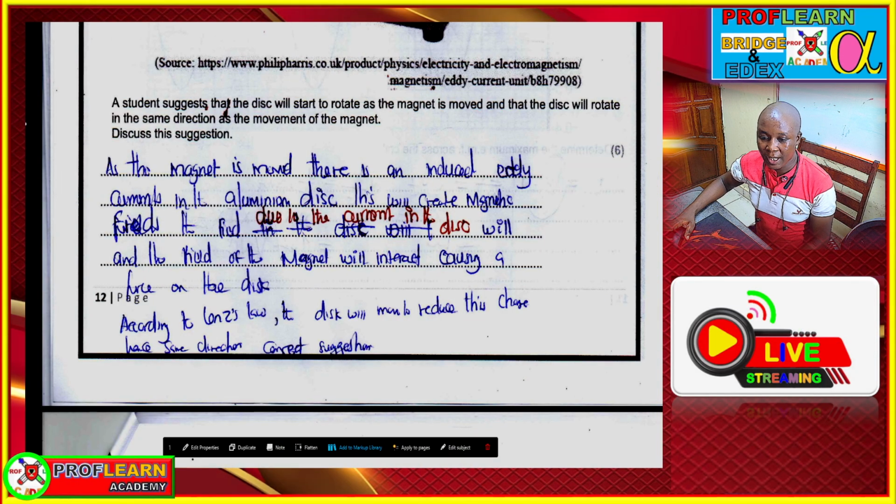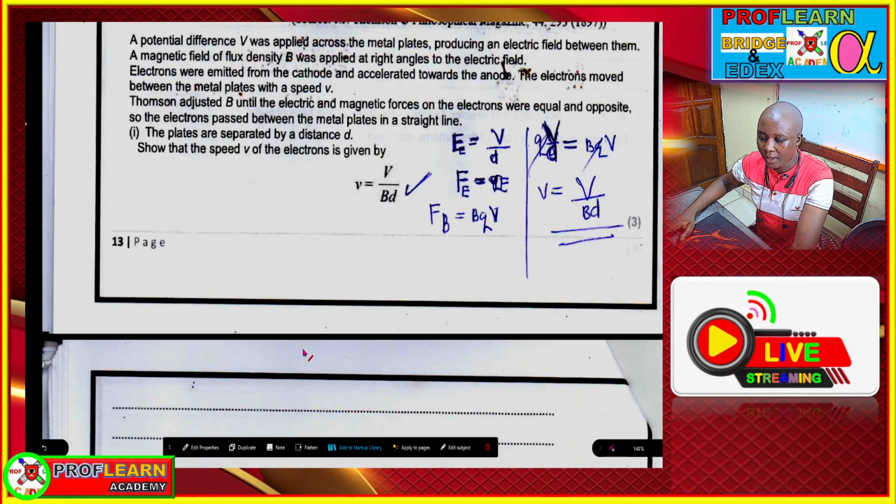And remember, the change is the cutting of the field within the disc. So according to Lenz's law, this will move to reduce this change. Hence, this disc is going to move in the same direction there.